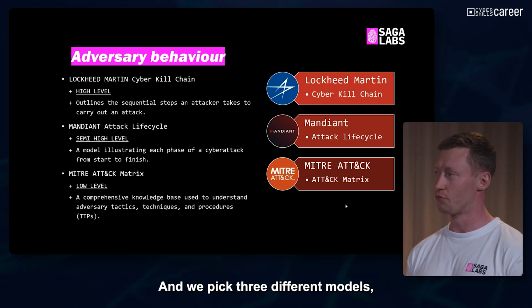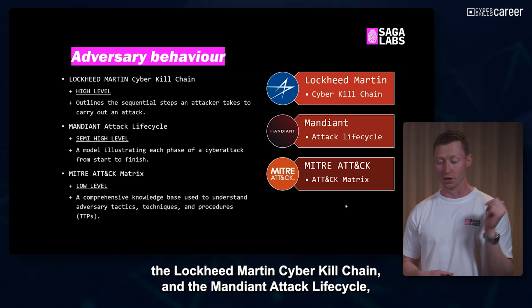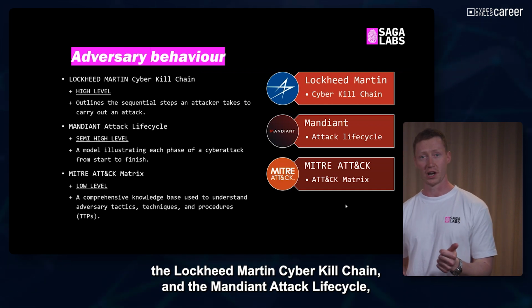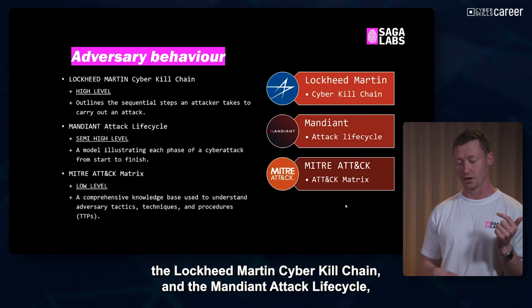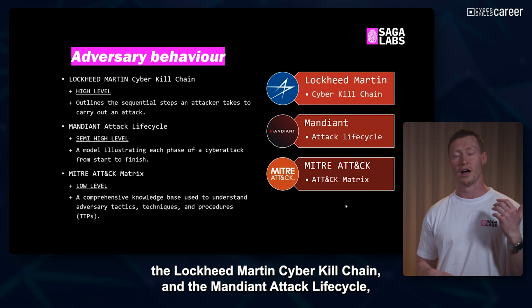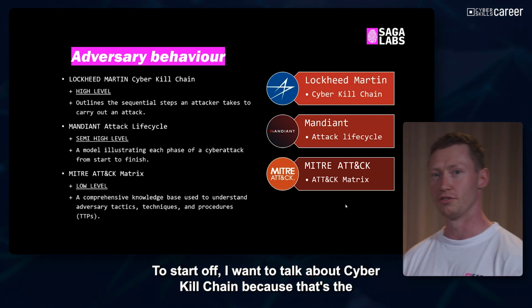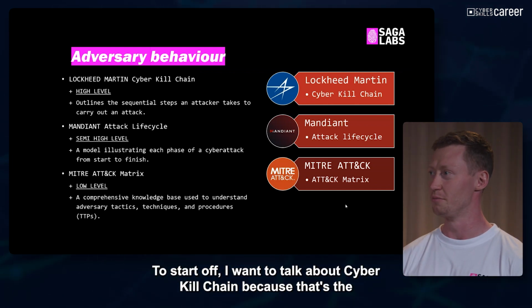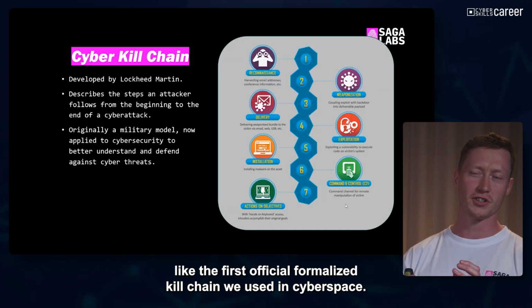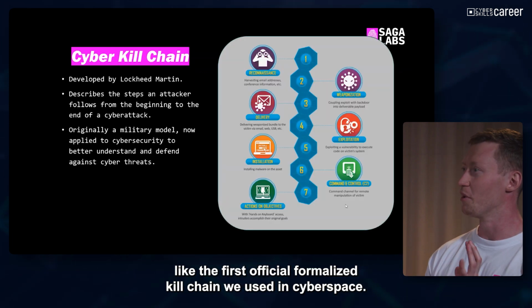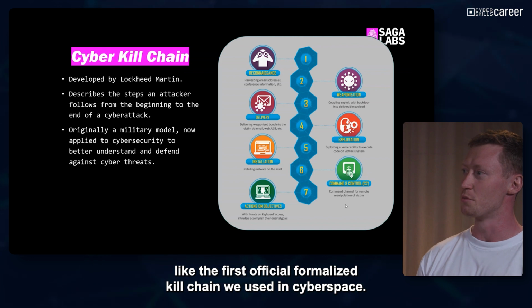We picked three different models: the Lockheed Martin cyber kill chain, the Mandiant attack lifecycle, and MITRE ATT&CK. To start off, I want to talk about the cyber kill chain, because it's the first official formalized kill chain we used in cyberspace.